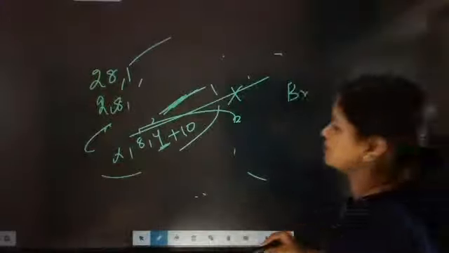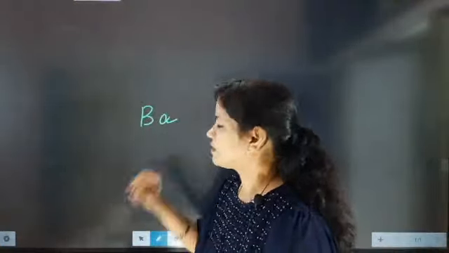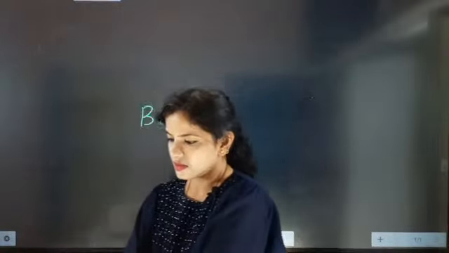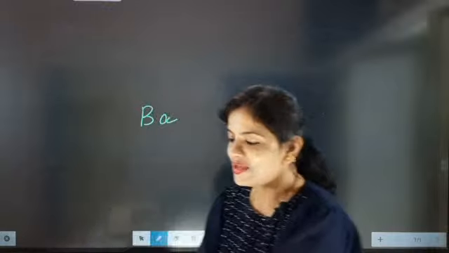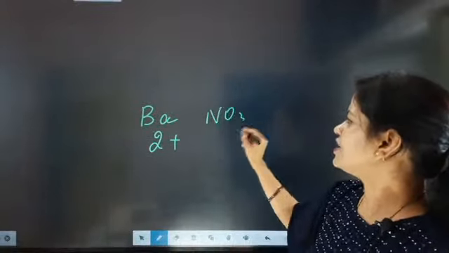Wait. Hydrogen, helium, lithium, beryllium, boron, carbon, nitrogen, oxygen. So barium, where is barium coming? Ba. In the array, Ba. Now the array is getting it. Ba is 2 plus. NO3 is 1 minus.